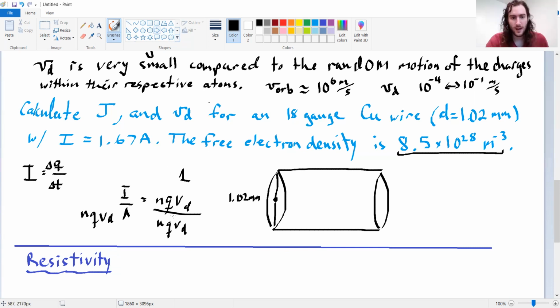But perhaps you're after the drift velocity, right? So maybe don't divide by the drift velocity. And then you can see maybe you're on the right track. Oh, okay.